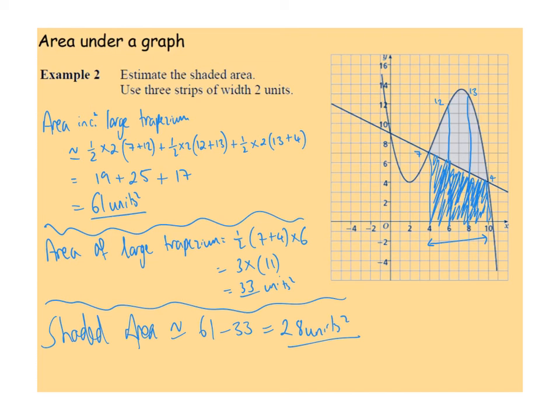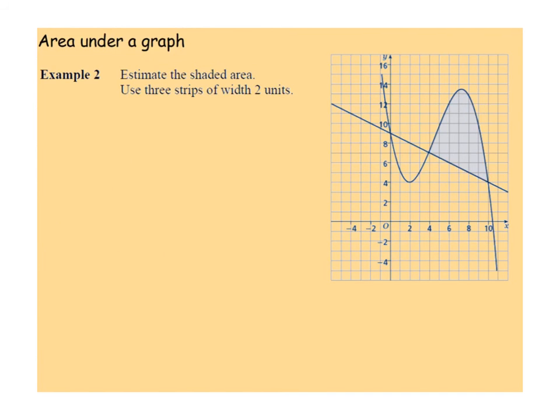Now we're going to look at a separate way to do the same question. So again, I'm going to use 3 strips of width 2 like they asked me to, but this time I'm going to be doing strips that look like this. So I'm going to work out the area of these 3 strips and add them together.